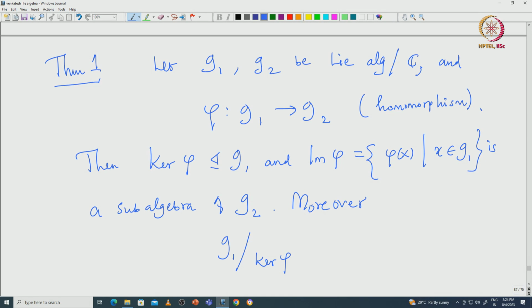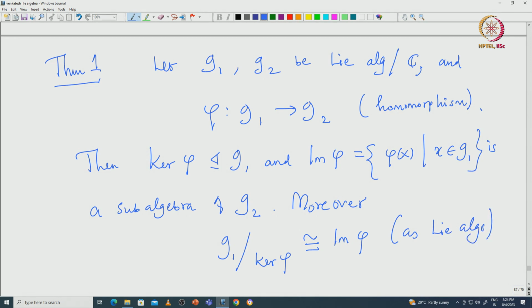But now we are dealing with Lie homomorphisms, so in this category G1 modulo the kernel will naturally become isomorphic to the image of phi as Lie algebras.